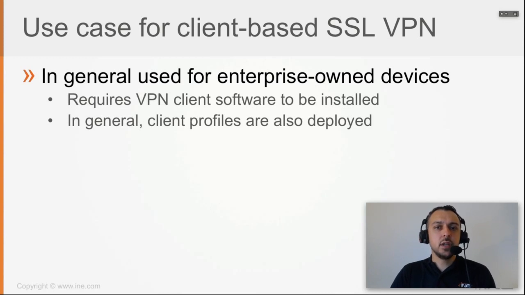So for that reason, if you want somebody to fire up an SSL VPN session, but that somebody is not an employee, it's a third party person, it can happen that they don't have the rights to install the VPN client. So in that use case, you're going to see that they use the clientless SSL VPN session. But from corporate-owned devices, in general, you're going to fire up a client-based SSL VPN tunnel.